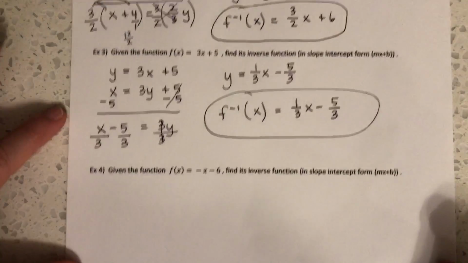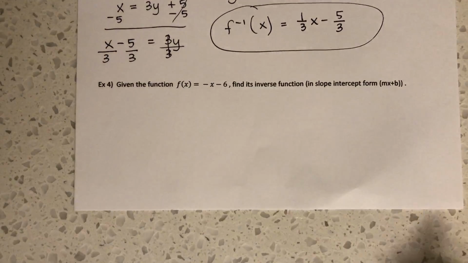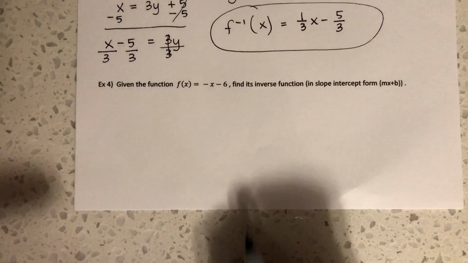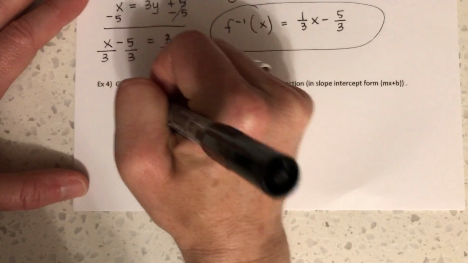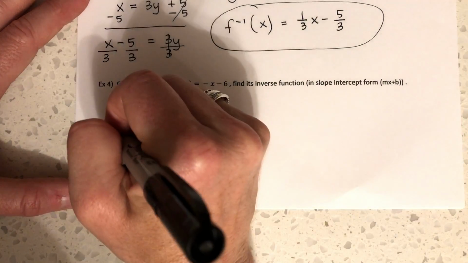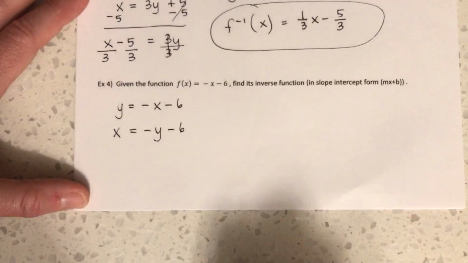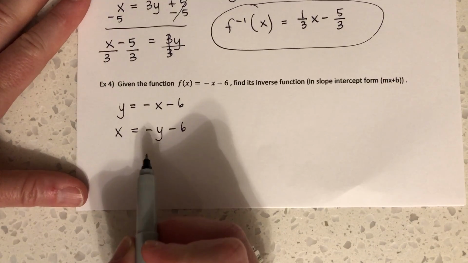Okay, all right, last one. All right, so f of x equals the opposite of x, or a negative x minus 6. So first things first, replace f of x with y equals negative x minus 6. Switch x and y, so x equals negative y minus 6. Okay, and now we have to resolve this for y.